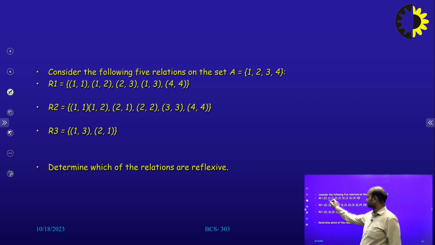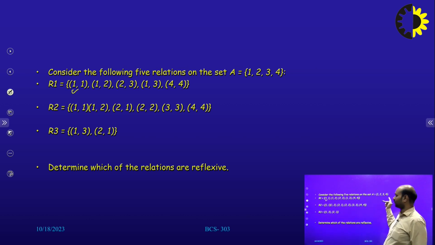Starting with R1, there are a total of 4 elements, so we have to check (1,1), (2,2), (3,3) and (4,4). (1,1) is present, (2,2) is not present, (3,3) is also not present, and (4,4) is present. Is it reflexive? No. If it were reflexive, (2,2) and (3,3) would also belong to the relation.